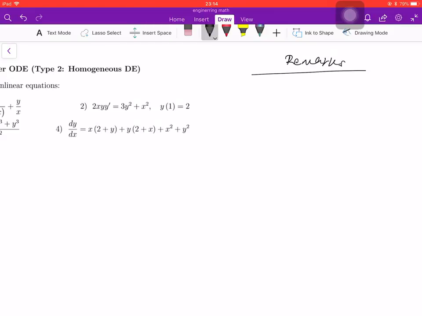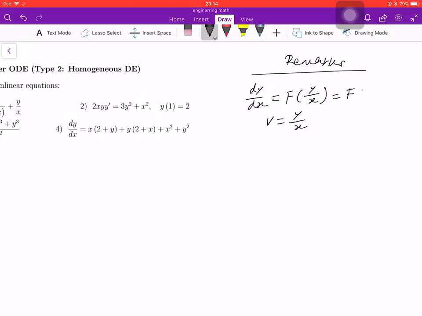Okay, so for the first ODE, it is a homogeneous differential equation if we can express the differential equation in this form, which is f a function of y divided by x, meaning that we express the right hand side as a ratio of y divided by x, and then we can use v equal to y divided by x and substitute over here.